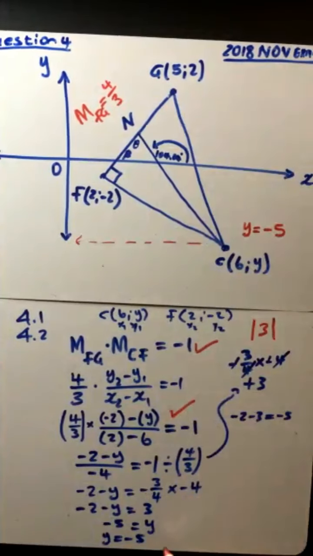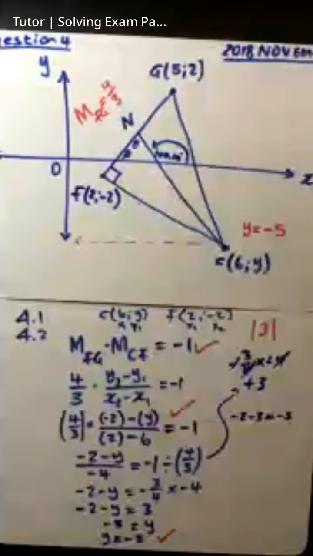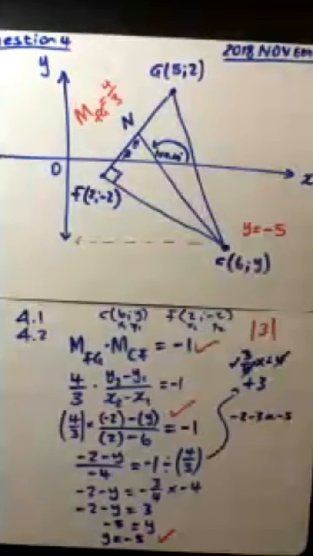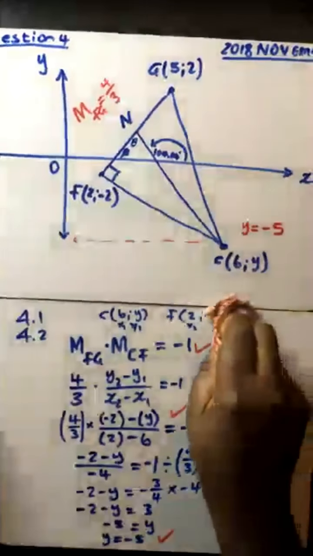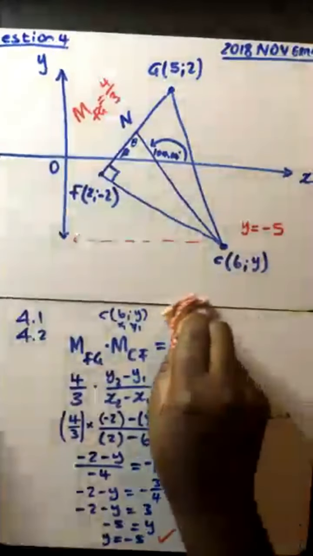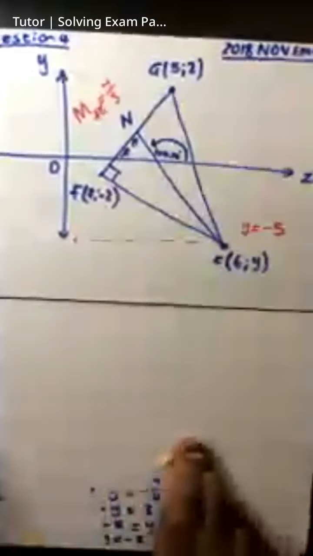And lastly, for the final answer, we give you a mark. So this is exactly how you score your 3 marks. I'm going to remove all of this information so that we move to our next question.